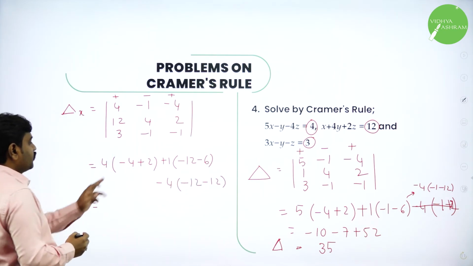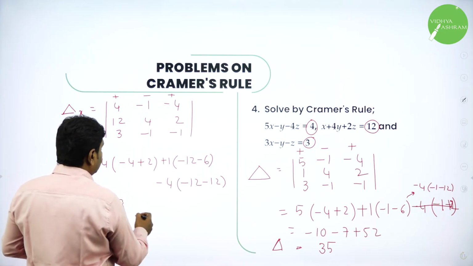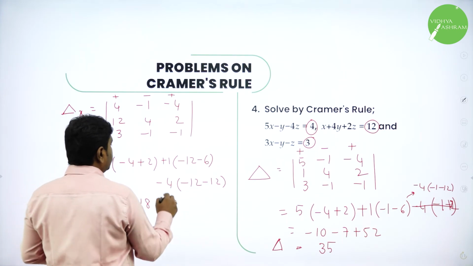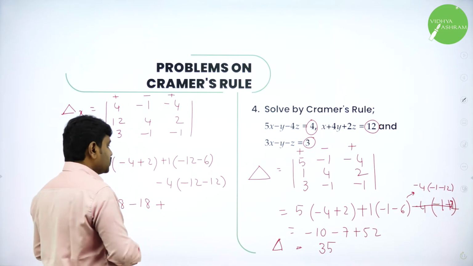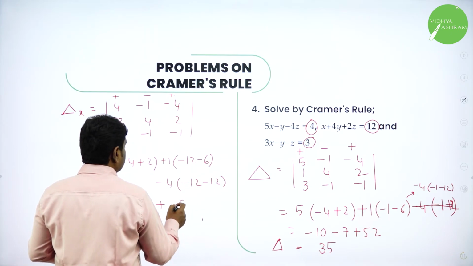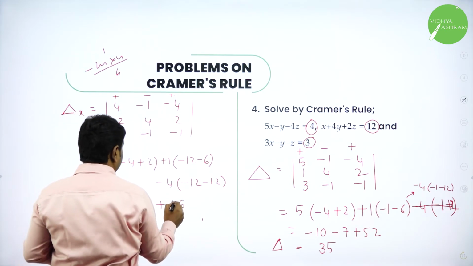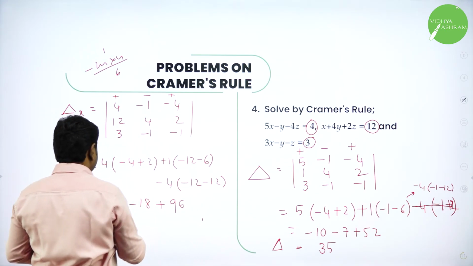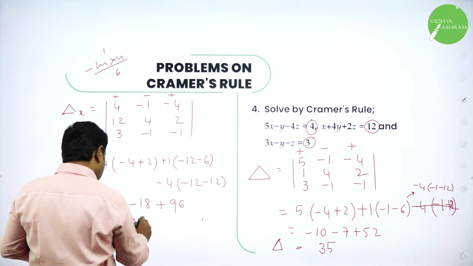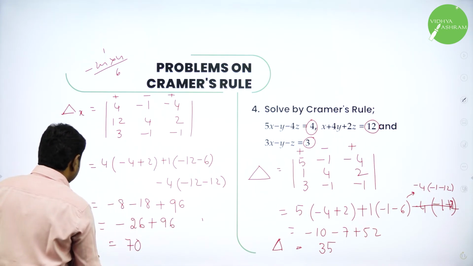Now -4 plus 2 is -2, -2 into 4 is -8, minus 18, then minus into minus becomes plus 24 into 4, -12 is -24, -24 into 4 is 96, positive. So now simplify this. This will become -26 plus 96. 96 minus 26 is exactly 70. So you got the delta x value.